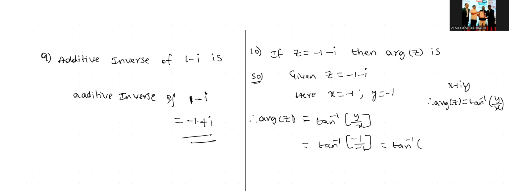The value of tan inverse of 1 is pi by 4, 45 degrees. So this is the answer.